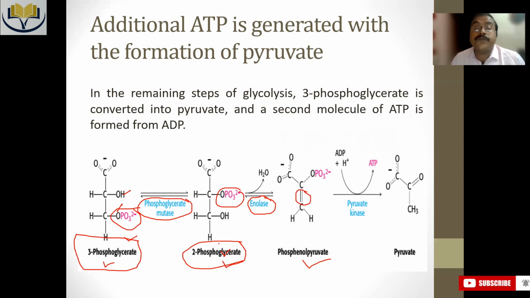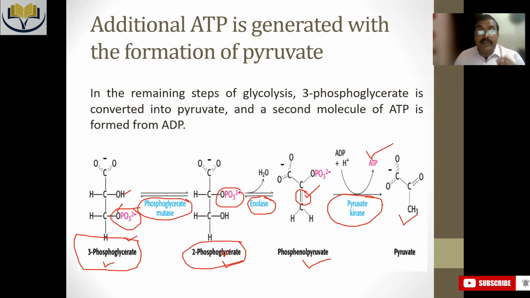Phosphoenolpyruvate contains one unsaturation, and this phosphoenolpyruvate is finally converted by the pyruvate kinase enzyme, again producing ATP and the pyruvate component.